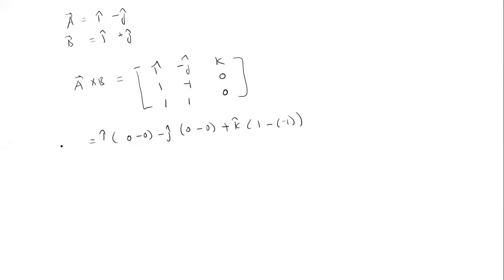So you get A cross B as 2k cap. Simple it is. So that is how we can also find this. If only two vectors are there, just put 0 0, you'll get the answer.